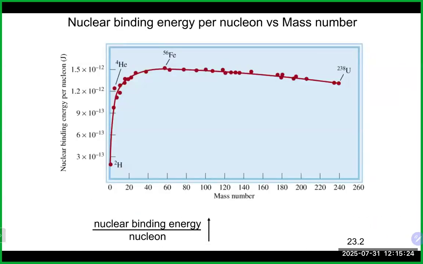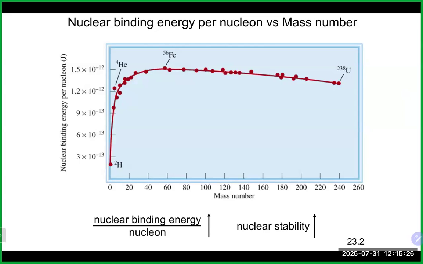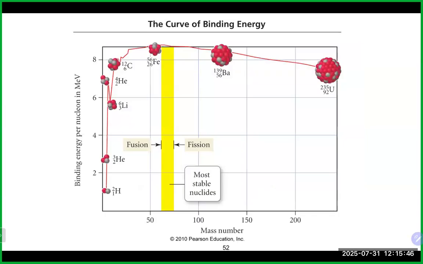So as I mentioned before, nuclear binding energy per nucleon is a way that you could look at stability. And as the binding energy per nucleon increases, so does the nuclear stability. And really right there, iron 56 is pretty much the highest, and binding energy per nucleon is pretty stable in that situation. And a lot will happen to kind of get you near that stability.